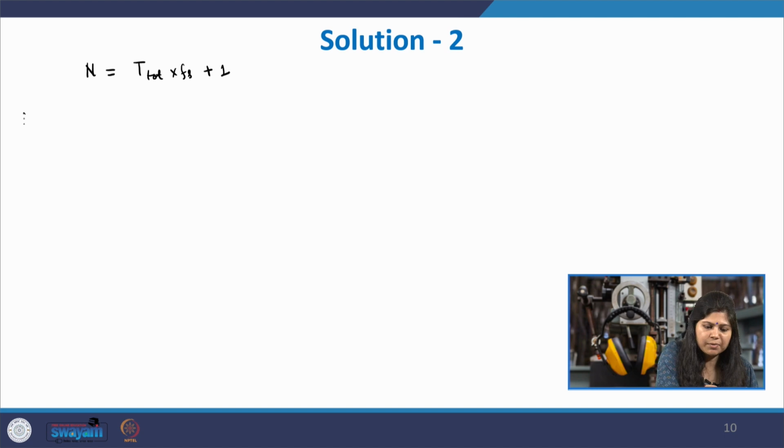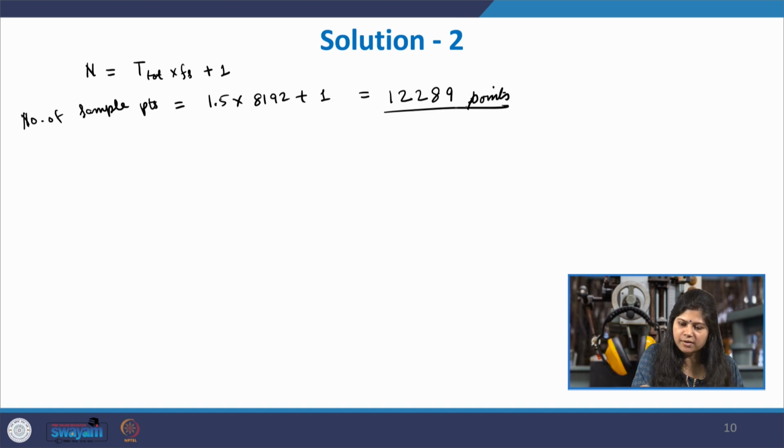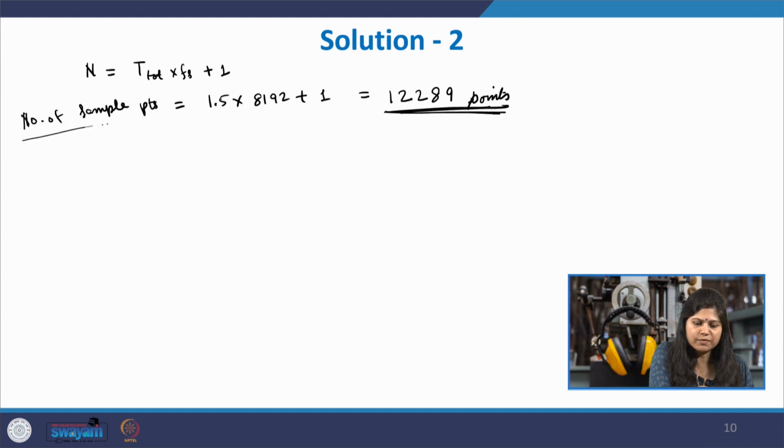So, the number of sample points, if you solve this particular thing here, the answer that you are going to get is how many points have been acquired in a duration of 1.5 seconds. So, that is our number of sample points. This is for the total number of sample points.